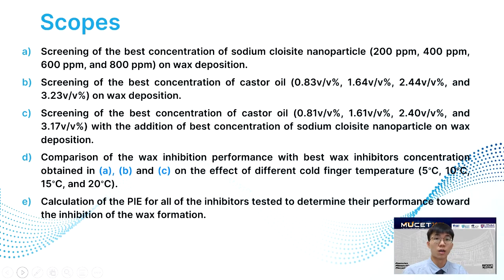The scopes of this study are screening of the best concentration of sodium chloride nanoparticle, the best concentration of castor oil, and the best concentration of castor oil together with the best concentration obtained in A. Then the comparison of the wax inhibition performance of the best wax inhibitors obtained in A, B, and C, and the different cold finger temperature was also studied. So the calculation of the PIE for all the inhibitors of different concentrations is to determine their performance toward the inhibition of the wax formation.